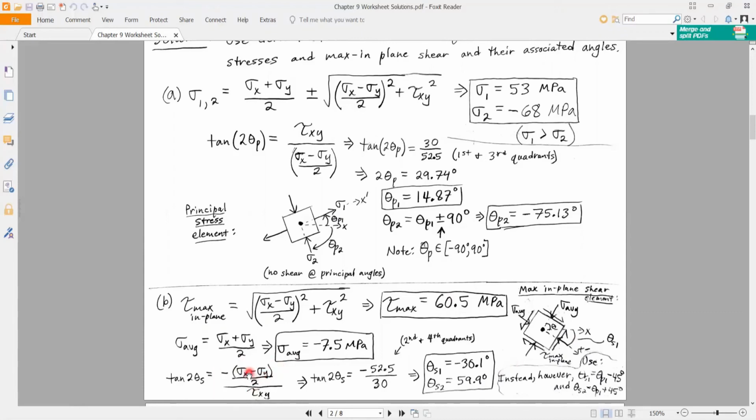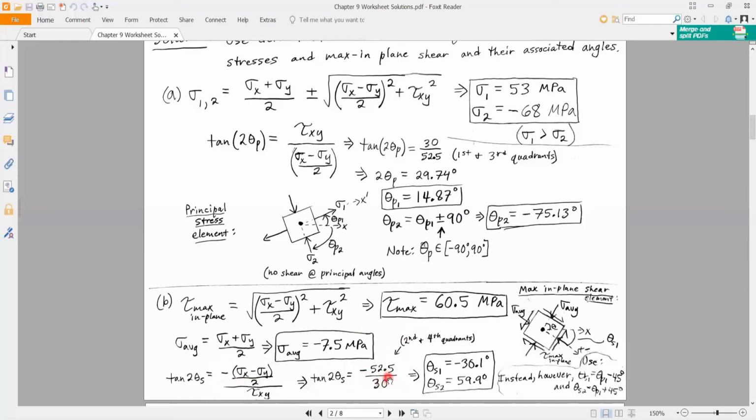So to find the angle at which theta s occurs, I mentioned before in the slides that all we have to do is add or subtract 45 degrees from our principal angles, or we can use this equation, which is just the reciprocal of our principal angle or principal plane equation with the negative sign. And so you get tangent of 2 theta s is negative 52.5 over 30.